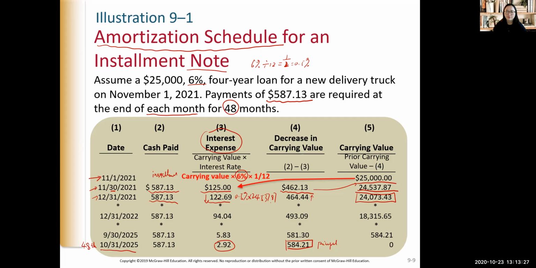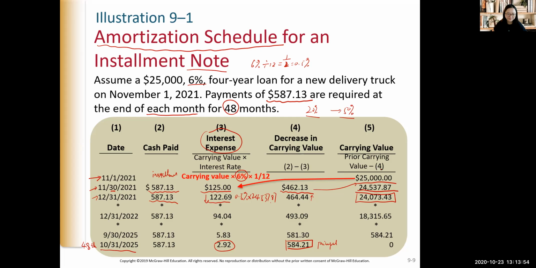The lower your carrying value, the less interest you pay to the bank. So the down payment, 20% is the minimum, but if you come up with a 50% down payment, then your installment payment is going to be much less, and the interest that goes to the bank is much less as well, because your carrying value is less.